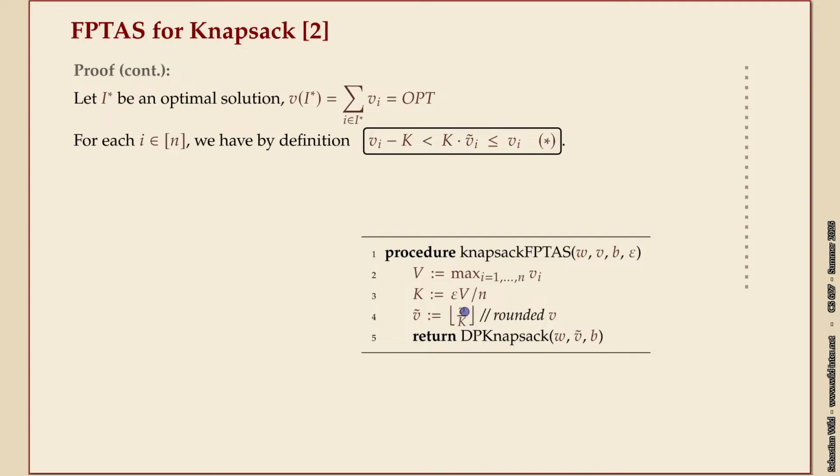I can upper bound that by v_i. By the way, this notation here is kind of vectorized, like NumPy or MATLAB, where this is a vector v, and you're applying this operation to the entire vector element-wise. So we're doing it for each v_i. The upper bound is obvious from this, and the lower bound is also obvious. All you're using is that x rounded down is less than or equal to x, and at least x minus 1.